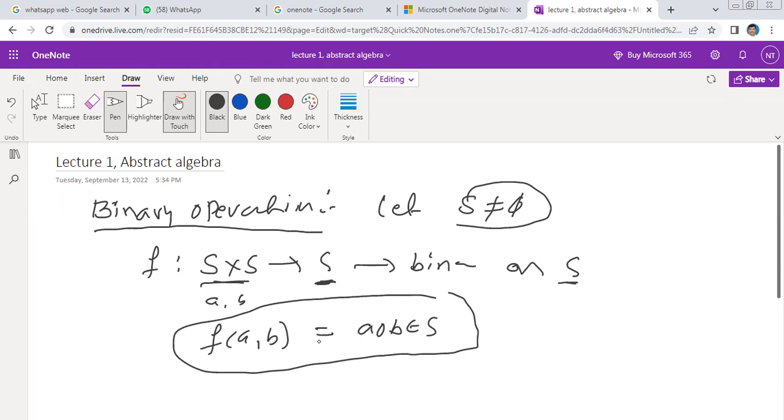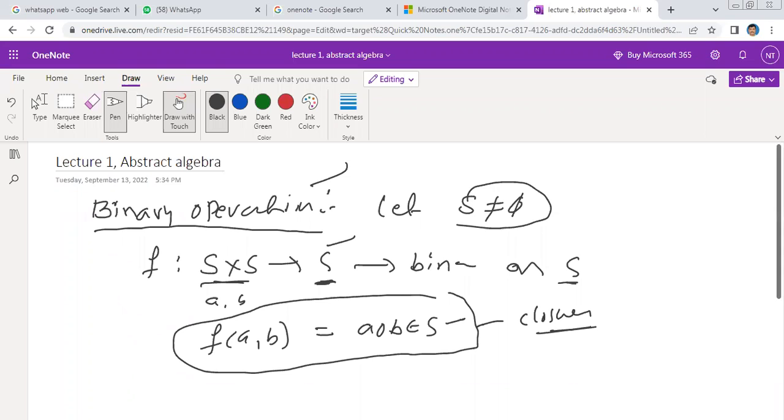F of (A, B) is nothing but the operation between A and B, and this element must be in S. The product or sum or difference or any element belongs to S. It looks like a closure property. This is called a binary operation. Sometimes we say that a binary operation, by default, is a closure operation, a closure property.